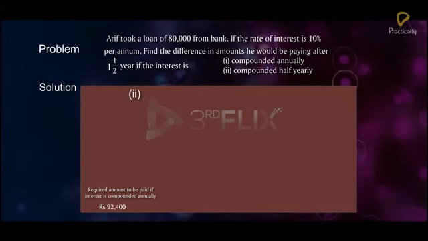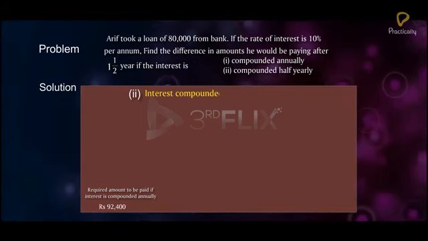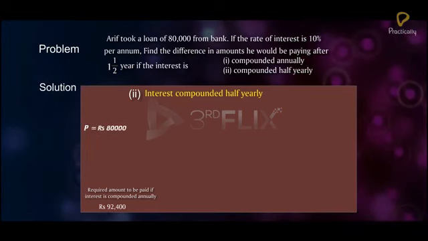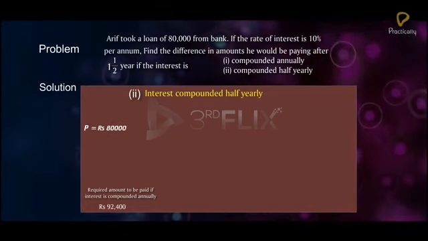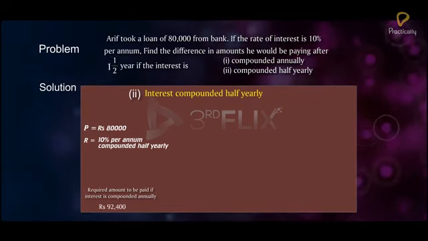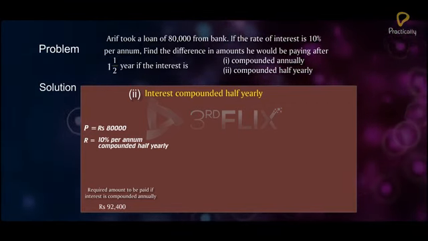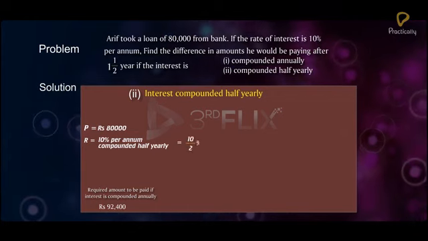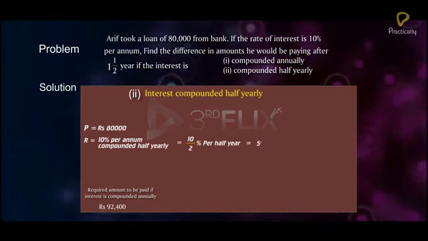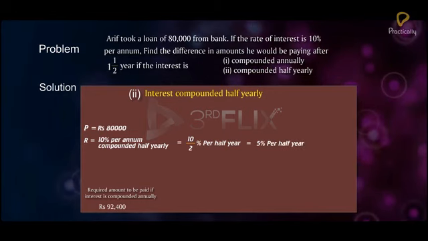Let us look at the same, when the interest is compounded half yearly. Principal is equal to rupees 80,000. Rate is equal to 10% per annum, compounded half yearly, which is equal to 10 by 2% for half a year, which is equal to 5% per half year.